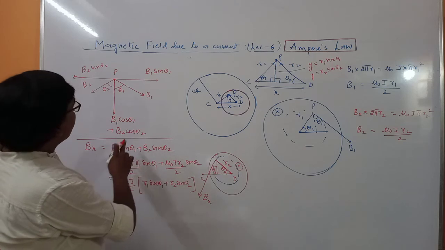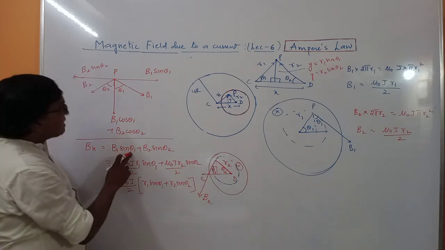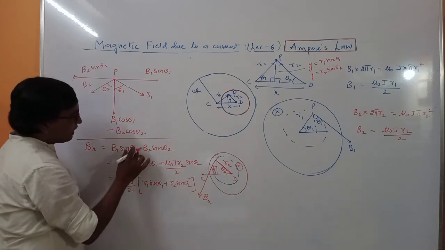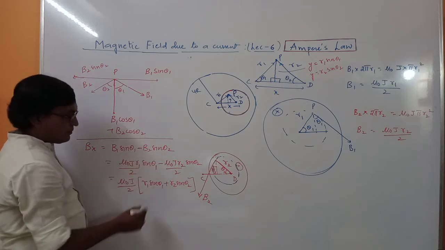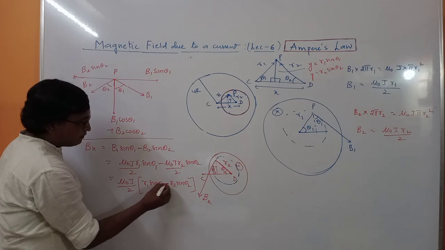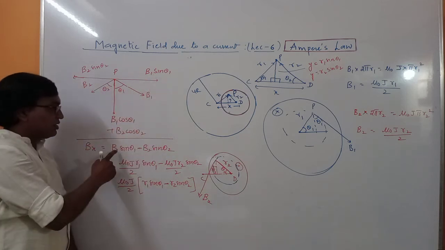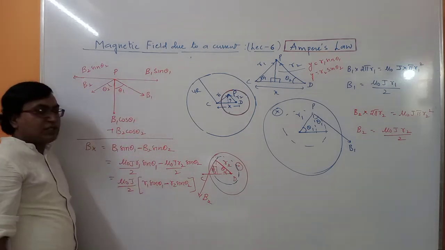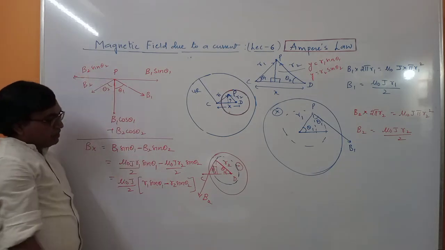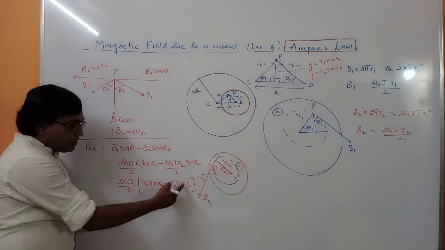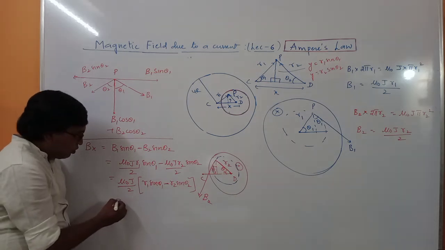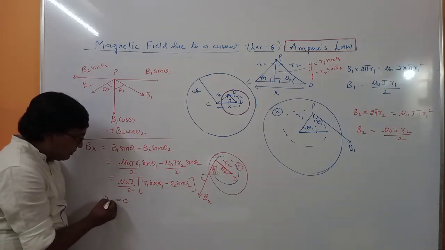So here B1 sine theta 1 is minus. Both are in opposite directions. B1 sine theta 1 I have assumed as positive, this is negative. This is y, and this is also equal to y. So the total field along x direction we got 0.